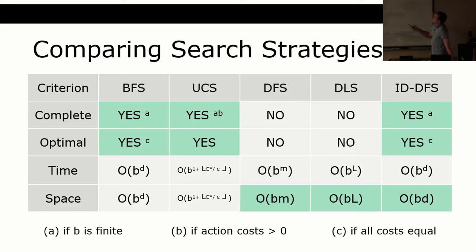Iterative deepening depth-first search has the same properties in completeness and optimality as breadth-first search, but it has the space complexity of depth-first search, which is great. So that's what we want. That's why, in general, we may want to use iterative deepening depth-first search instead of breadth-first search. We will not be actually implementing iterative deepening depth-first search in our assignment, but theoretically you would have to know, for example, why would I want to use that over breadth-first search? That's a great exam question.